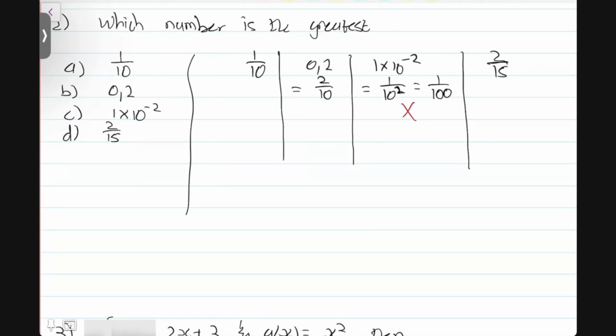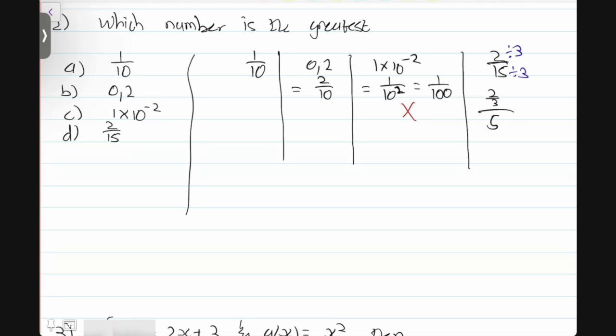The first thing you want to do is get this to something that you can then multiply to get to 10. The easiest way is, if I divide this by 3, I know I can get to 5. So this is basically 2/3 all over 5.